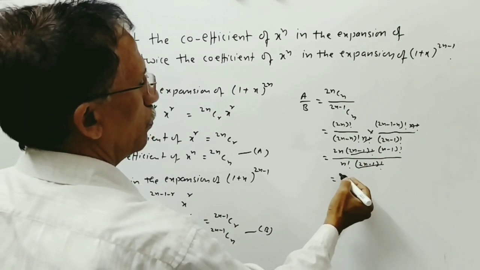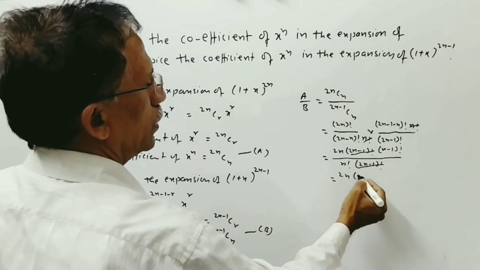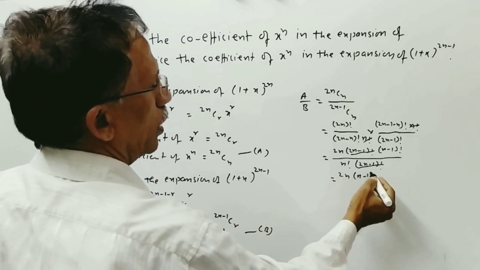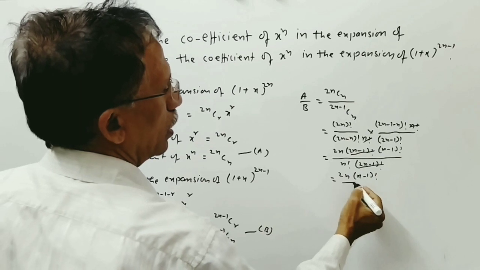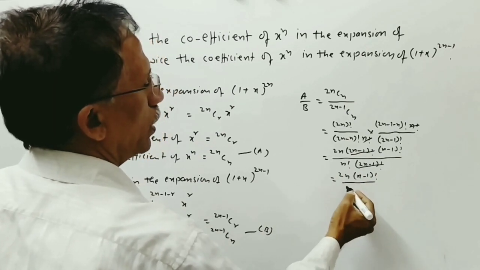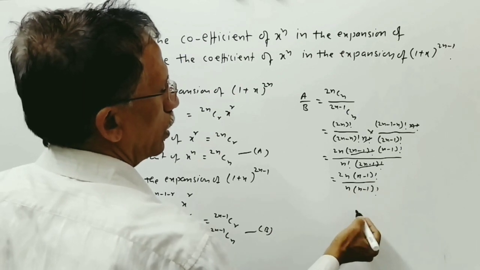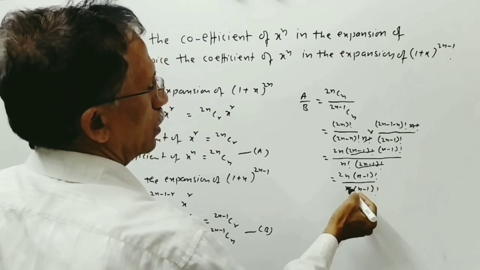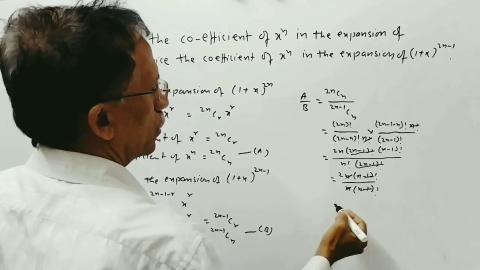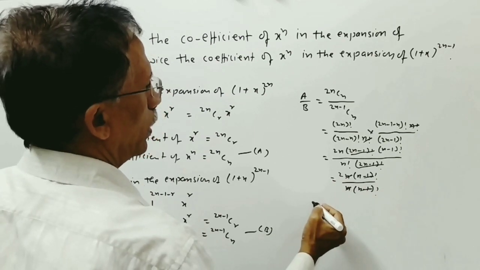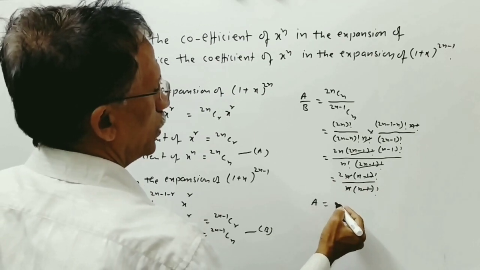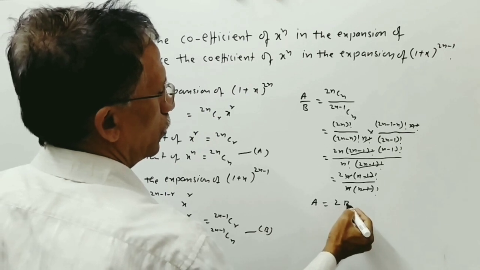This is equal to 2n into (n minus 1) factorial divided by factorial n, which can be written as n into (n minus 1) factorial. So we will get A is equal to 2 into B.